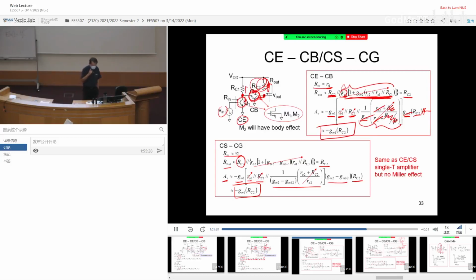But there is a very unique property here: it helps you remove the Miller effect.